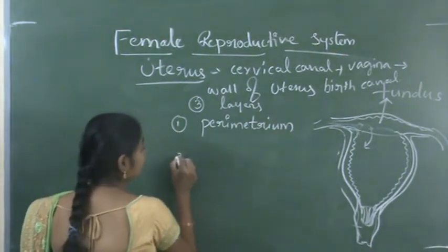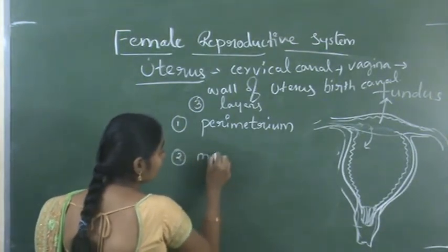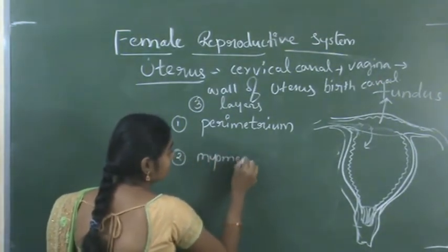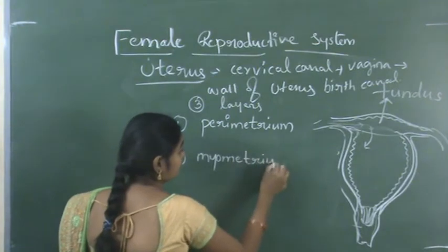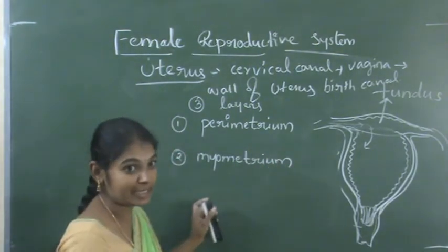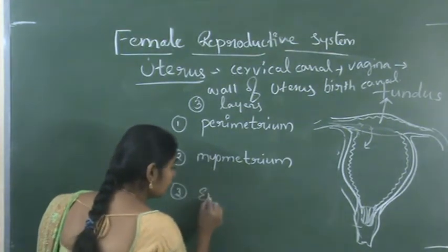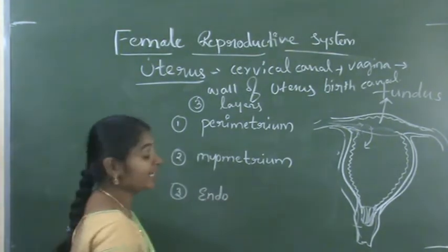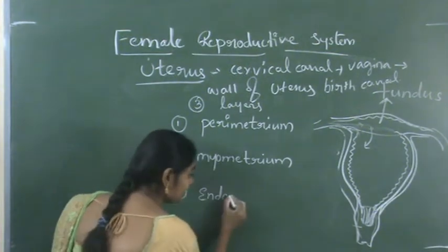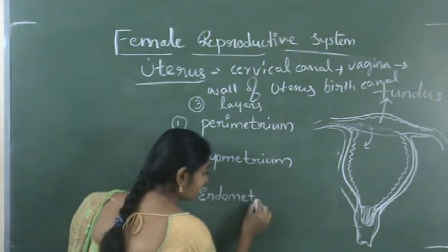The second one is myometrium. And the third one is endometrium, the innermost layer of the uterine wall.